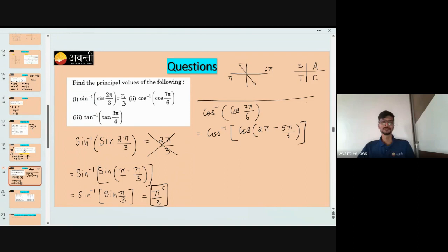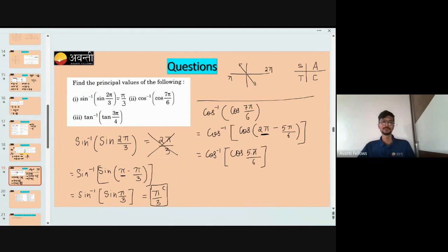And in the fourth quadrant, cos is positive. So we'll get cos inverse of positive. Now, check 2 pi. Is 2 pi an angle on x or y? It's on x, so there will be no change. Cos will remain cos, and this will be cos 5 pi by 6.